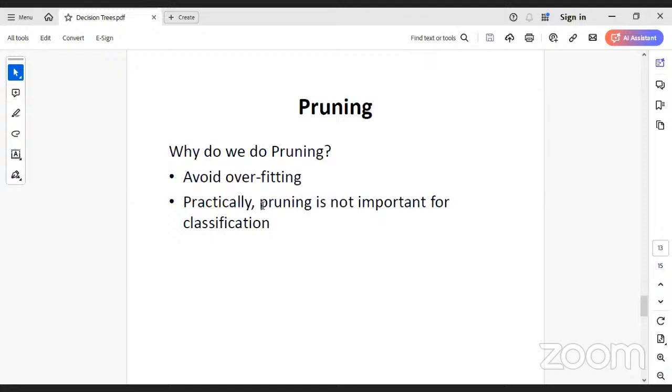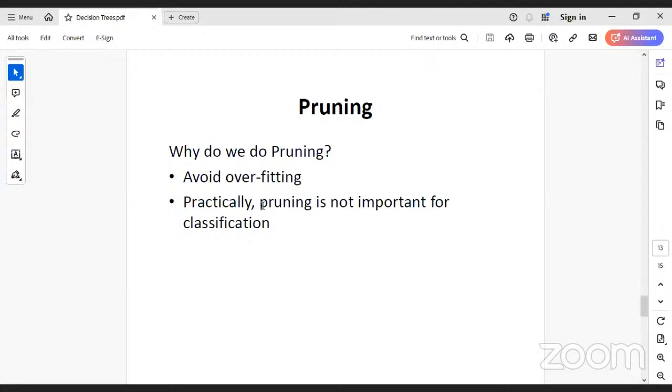So what do we mean by pruning? Pruning is nothing but cutting. If you look at a gardener, for example, what does he do? If a tree overgrows, he simply cuts the tree to a shape or to a level. That is called pruning of the tree.